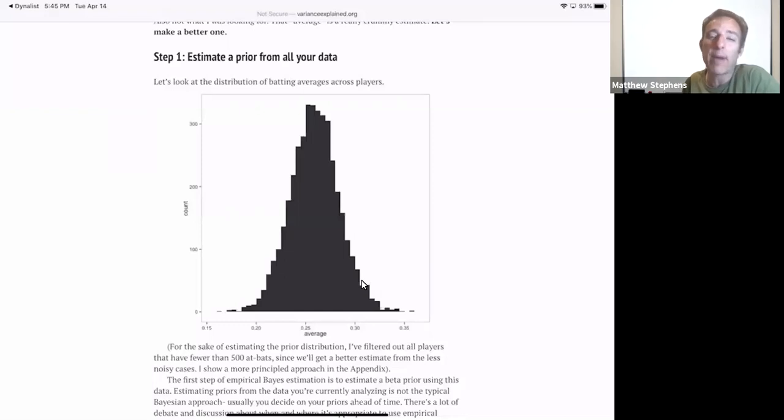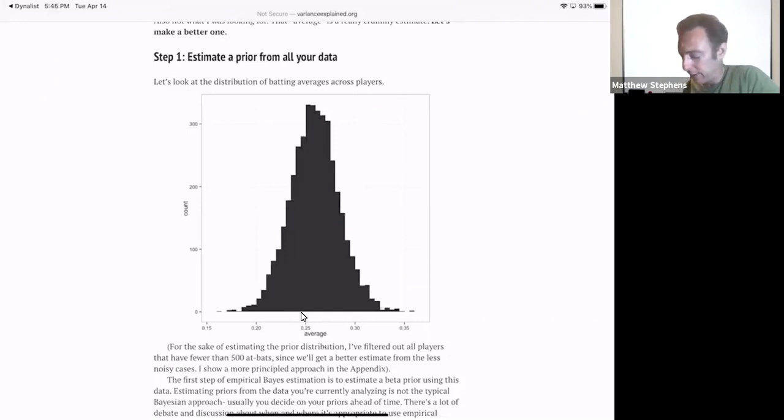If we had to guess what their batting average would be, an individual from the same league as the individuals we've taken here, we might use this as a prior distribution. A point estimate might be around 0.27 before having observed any data.